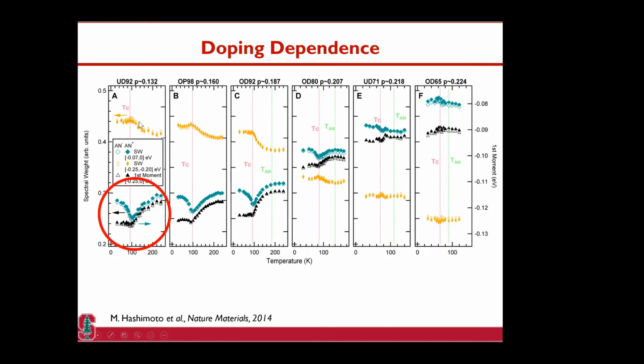Then at TC, the low energy spectral weight got repaired some, and the increase of high energy spectral weight at least stops.